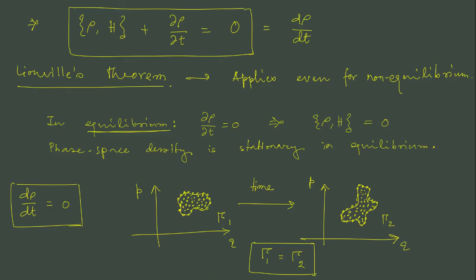That means at low energy you put more particles, at high energy you put fewer particles. For equilibrium distribution in statistical mechanics, at a given temperature you have a certain distribution. We call it the Gibbsian distribution, where the probability of finding a particle at a given energy decreases exponentially as you increase the energy.